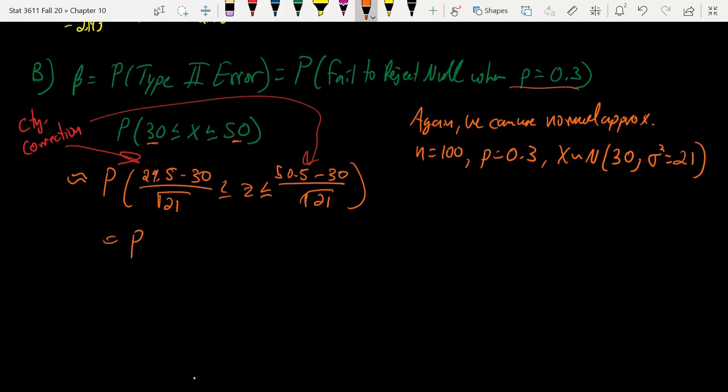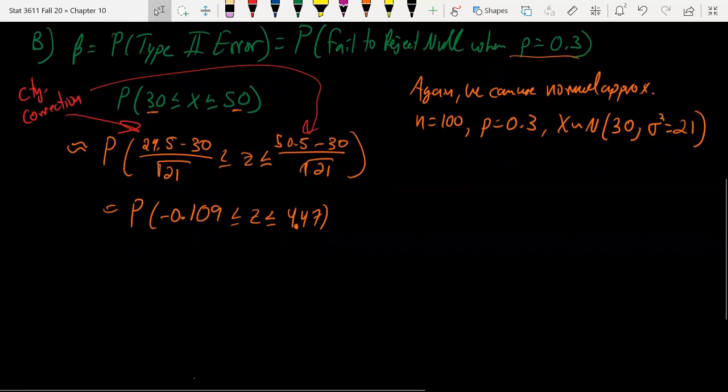Notice this time it is not symmetric. 29.5 minus 30 divided by the square root of 21 is negative 0.109. So it's pretty close to negative 0.11, which is probably what we'll look up in the table. And on the right, the upper bound here, 50.5 minus 30, that's 20.5 divided by root 21, which is about 4.47.